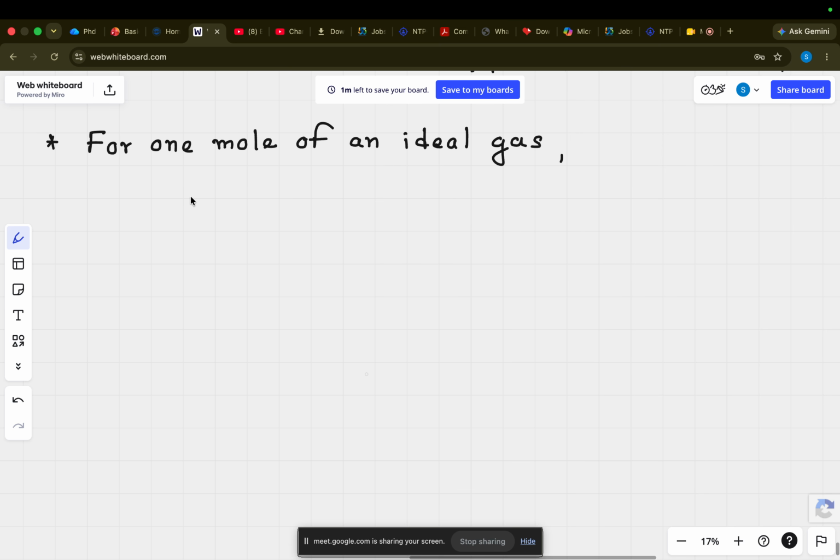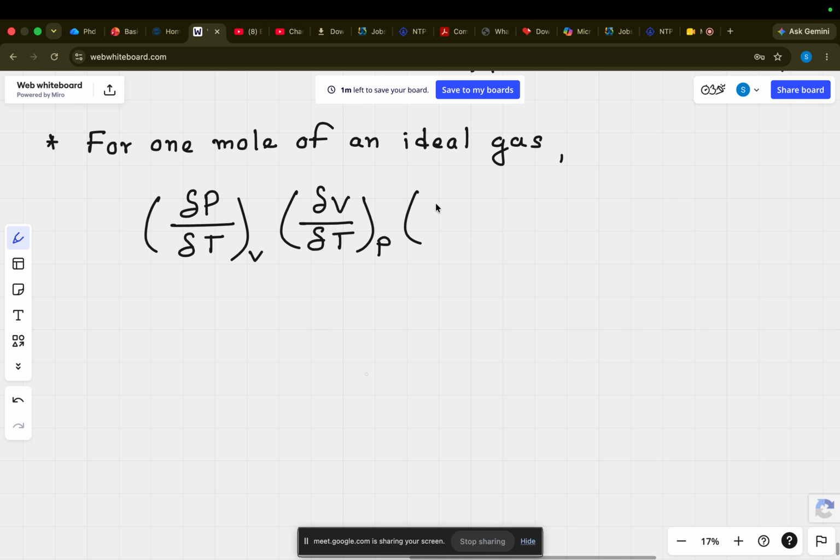This equation they have provided: del P by del T at constant V, then del V by del T at constant P, and next del V by del P at constant T. So is equal to what they are asking.